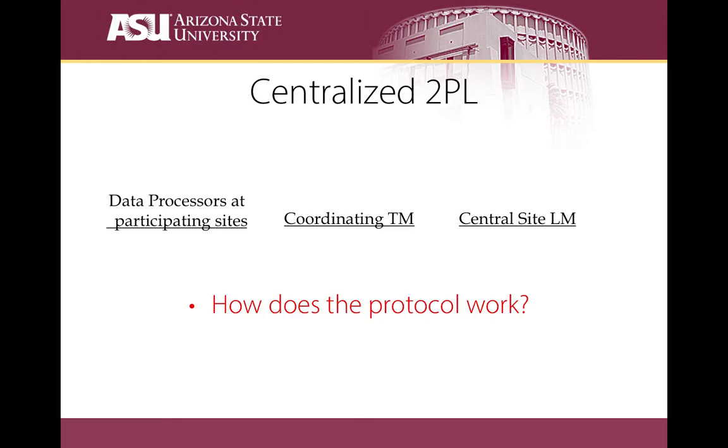And you will also have something called the lock manager. The lock manager keeps track of all the locks, and it grants, takes, or releases the locks on the items.